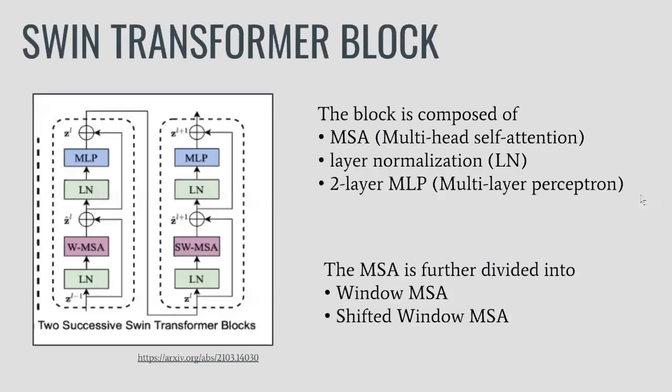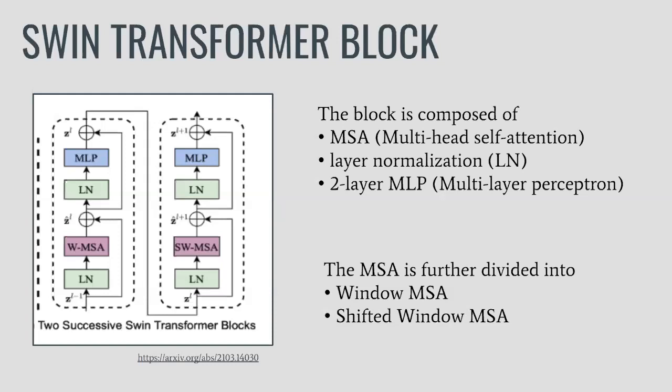So now we have the Swin transformer block, which is the main aim of the paper. The traditional transformers compute attention based on the global picture, so the computational complexity is really high.